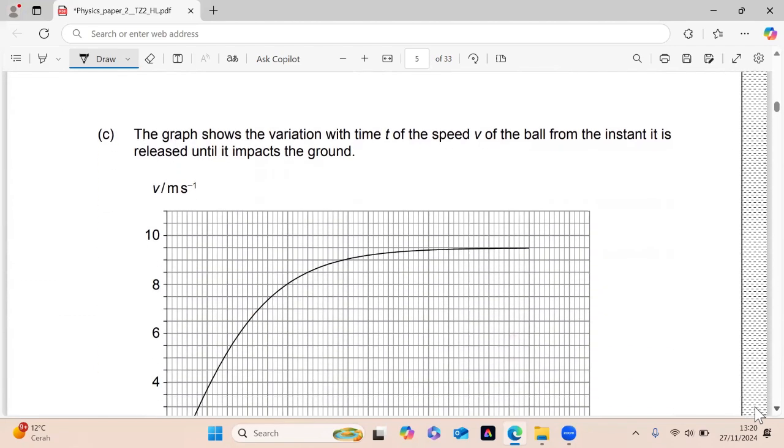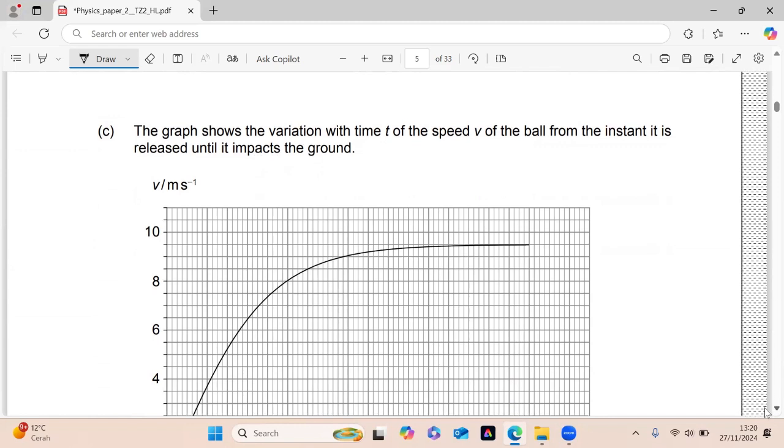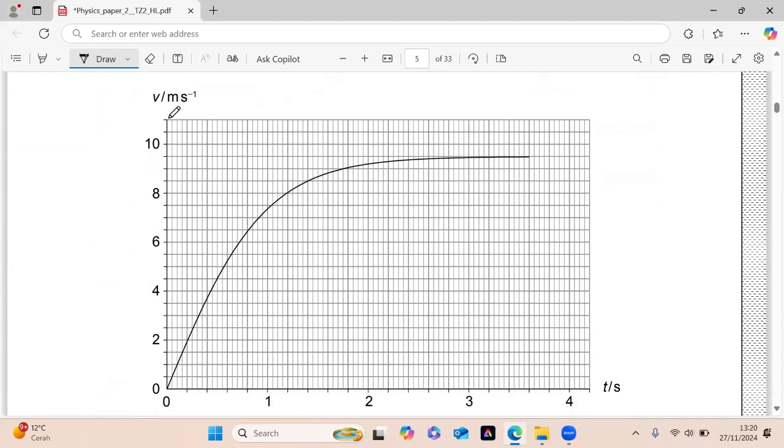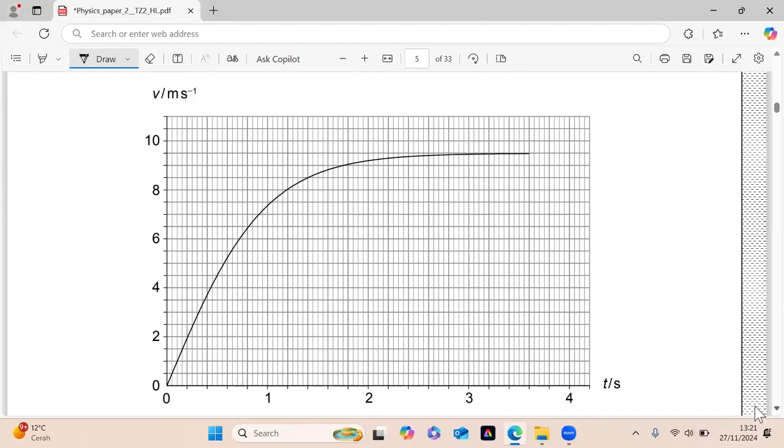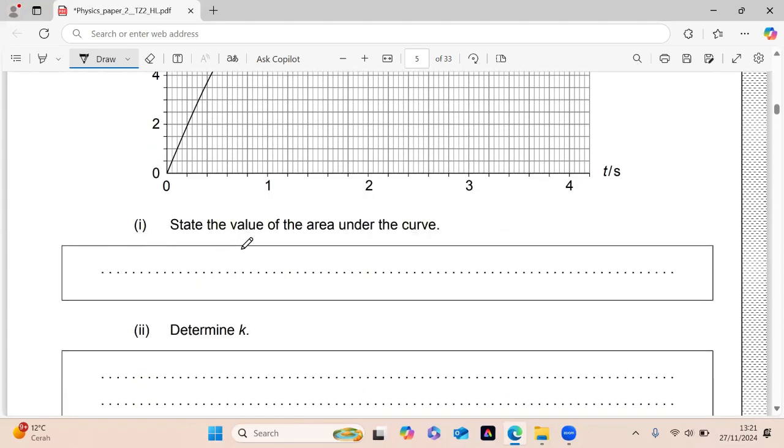The graph shows the variation with time t of the speed v of the ball from the instant it is released until it impacts the ground. So if you look at this graph, the vertical axis is the axis of velocity with unit meter per second. The horizontal axis is the axis for time with unit second. Question: state the value of the area under the curve.